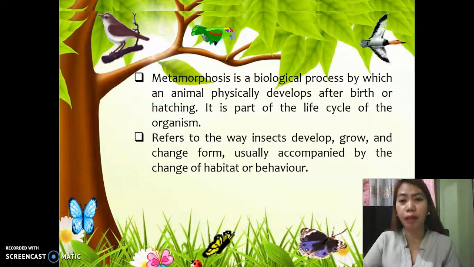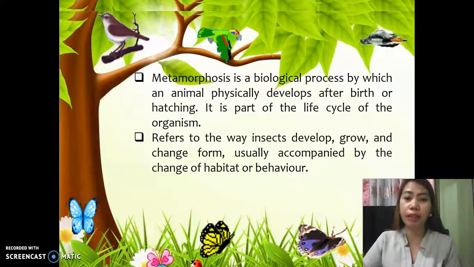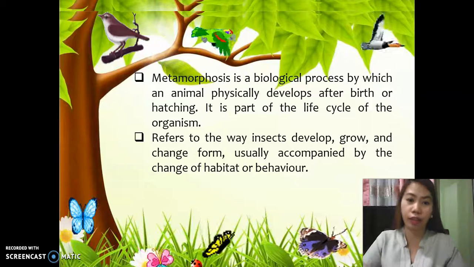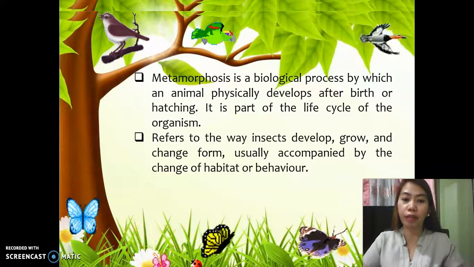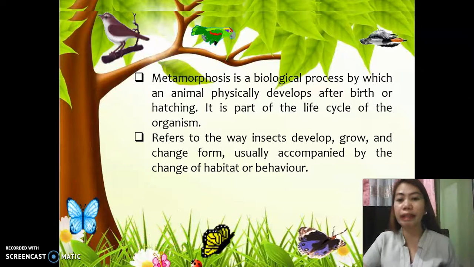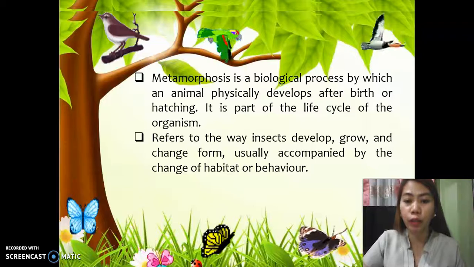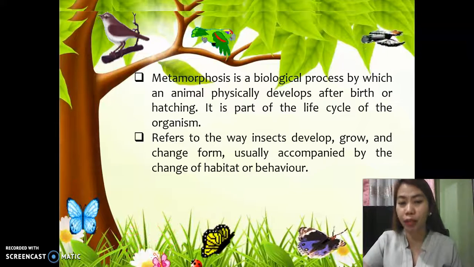metamorphosis is a biological process by which an animal physically develops after birth or hatching, okay? It is part of the life cycle of the organism. It refers also to the way insects develop, grow, and change form, usually accompanied by a change of habitat or behavior.